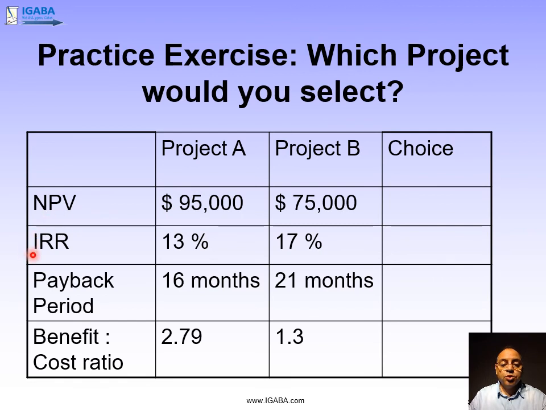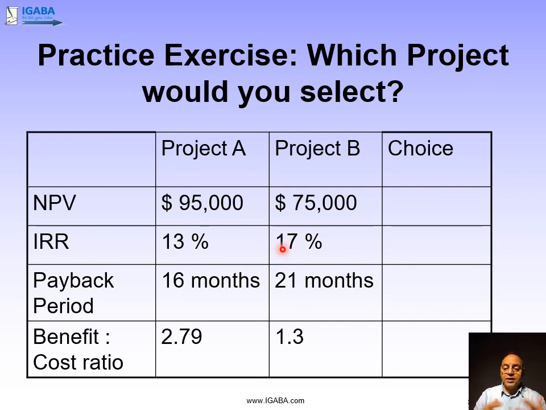Now, which is a better choice? A project with internal rate of return of 13% or one with internal rate of return of 17%? And if you recall, we prefer the higher IRR, because the higher the IRR, the lower the payback period.